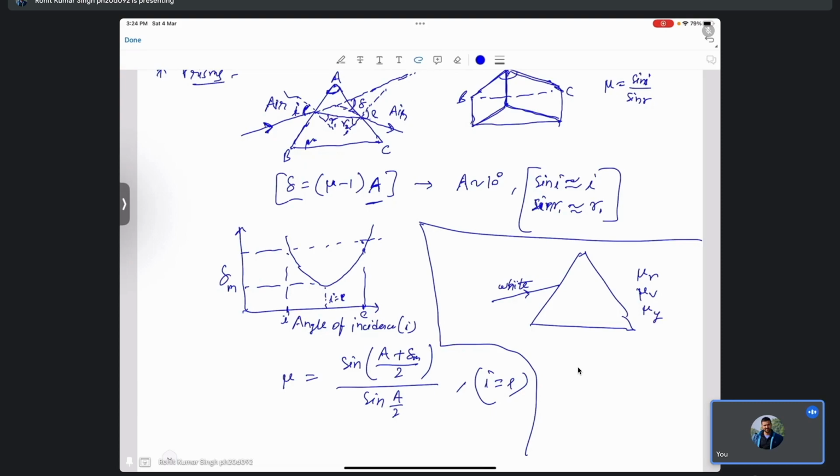Okay, so this bending of the light, this deviation of the path, since it depends on the mu here, as you have seen, will be different for each color of the light. And that's why when they come out, they will be separate. So you see the rainbow.